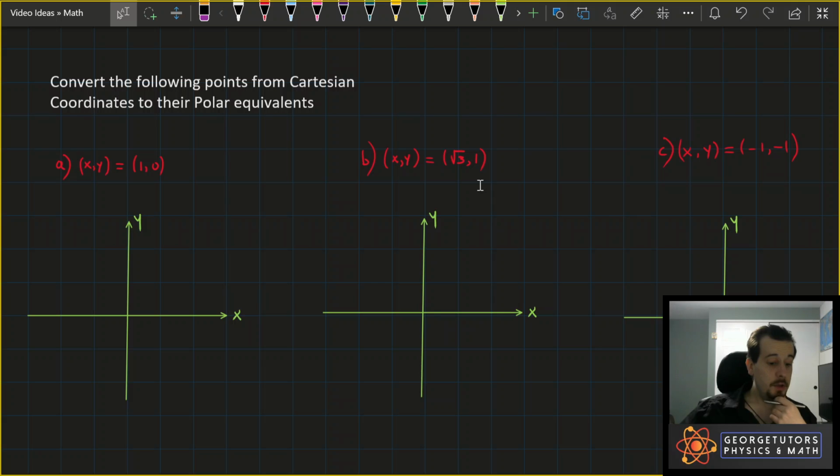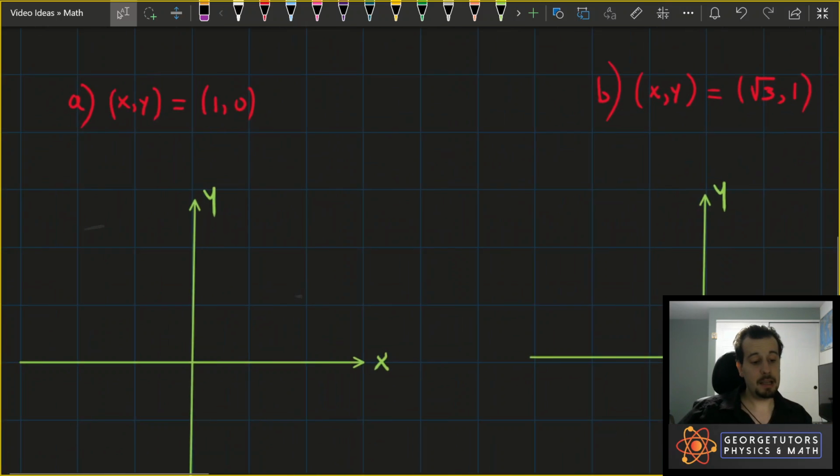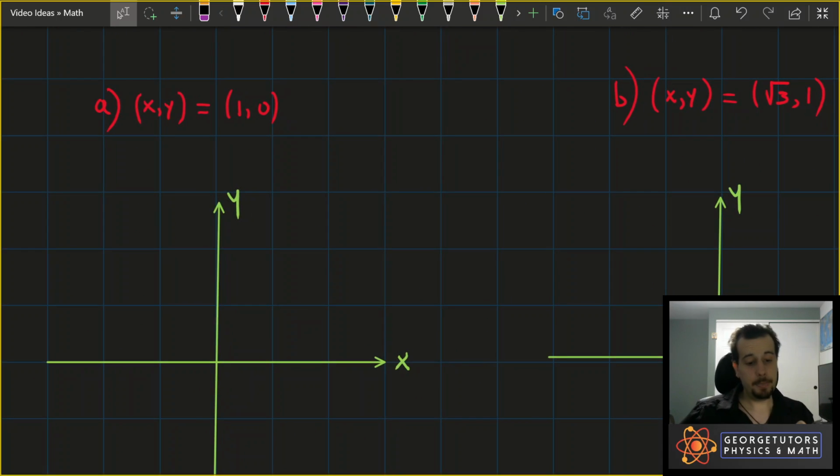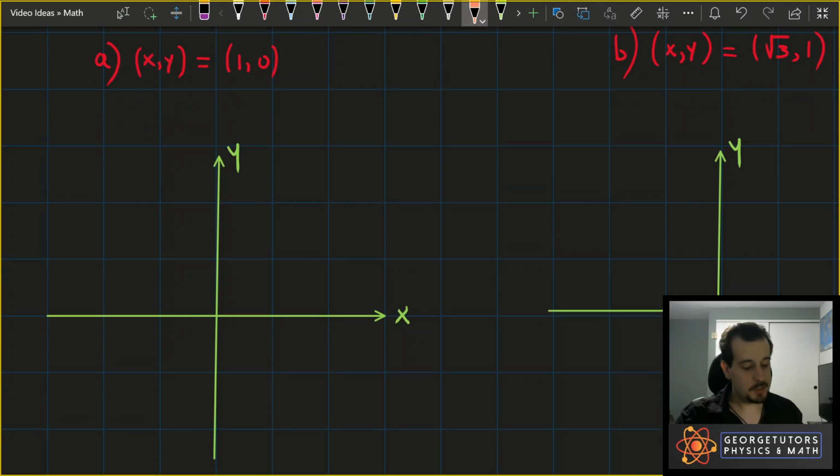Before I attempt any of them, the first thing I advise you to do is use a plot of the unit circle. You can't attempt these questions without it. So we have here an x of 1 and a y of 0. It means we're hanging out somewhere over here, as you can see.